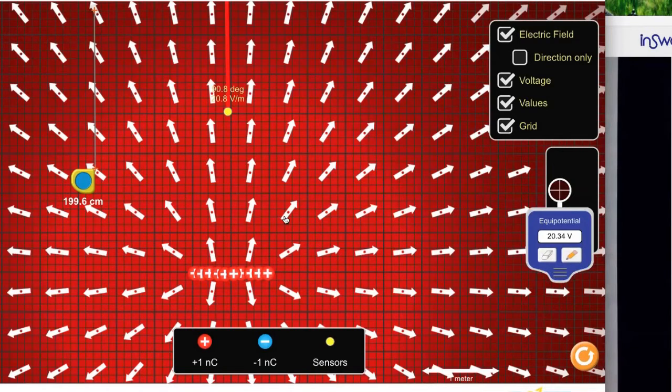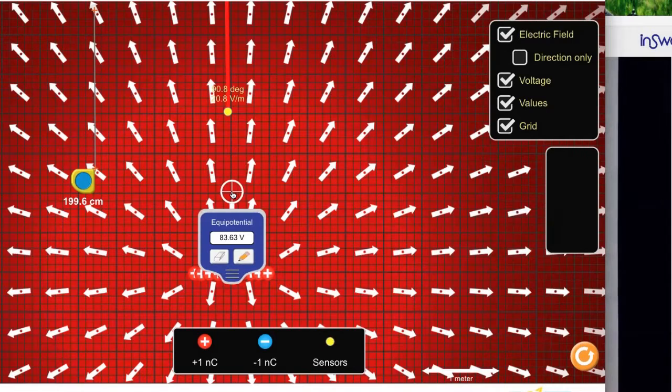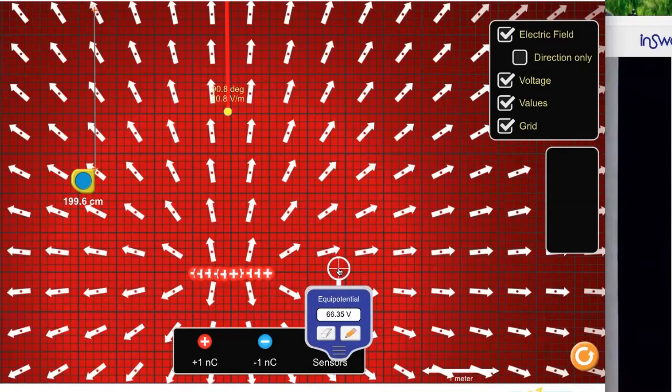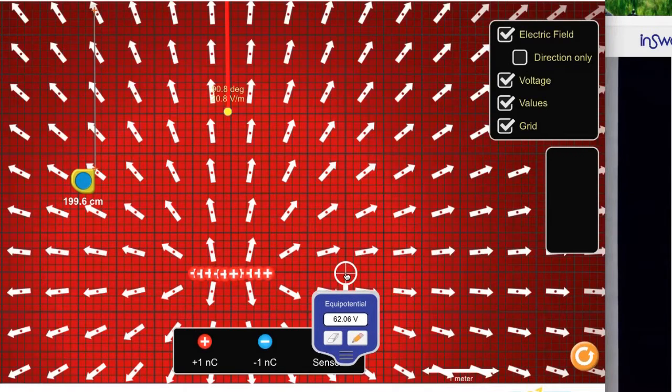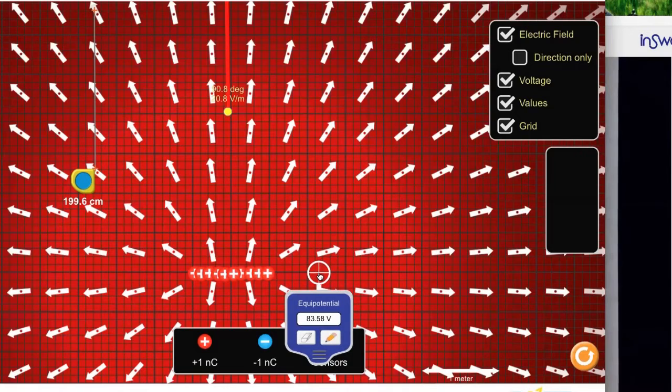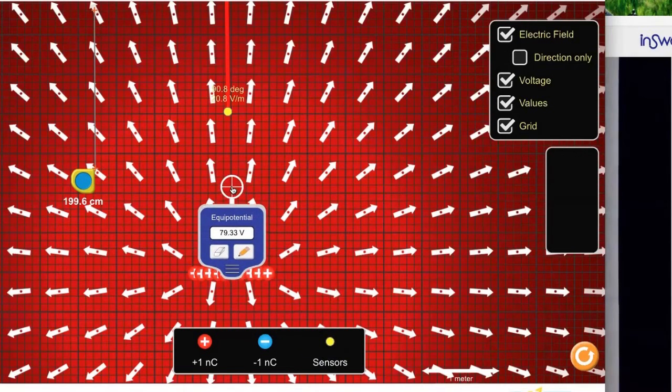So if I take the voltage reading, 83 volts, but if I go on the other side, the voltage also dies down quicker. You see, 60 volts. So I have to go closer to be 83 volts. But over here, it's still 83, you see. So the voltage sustains more here, just like the electric field sustains.